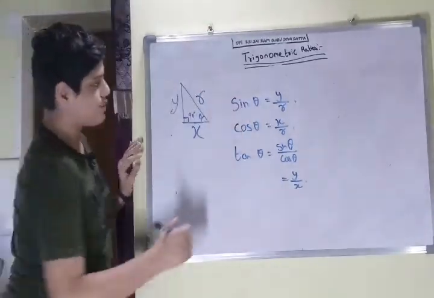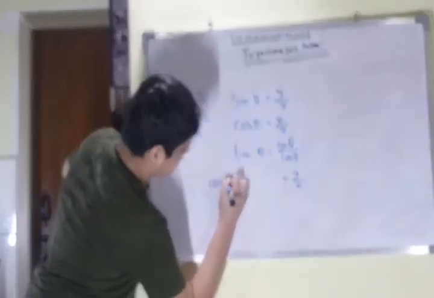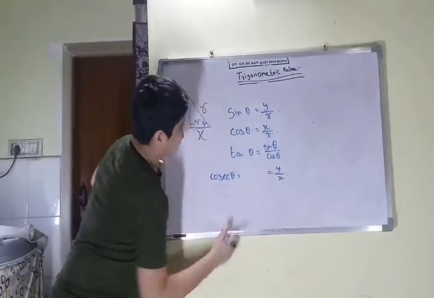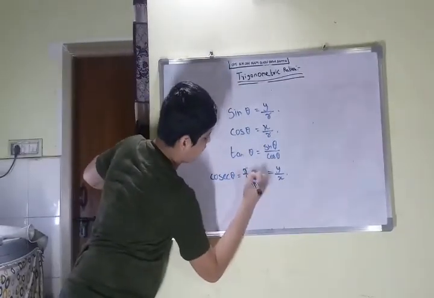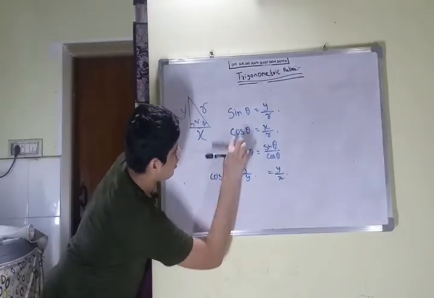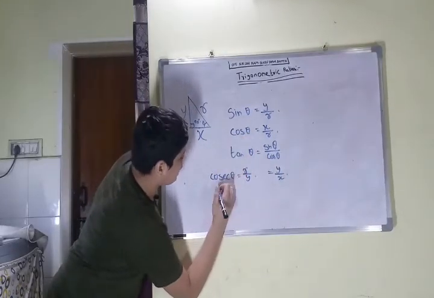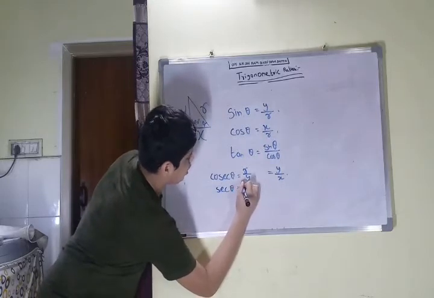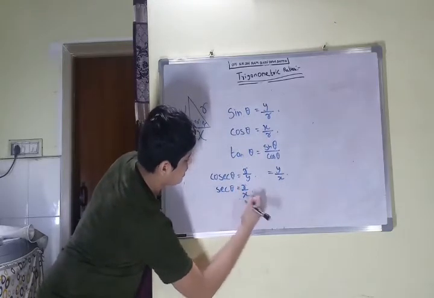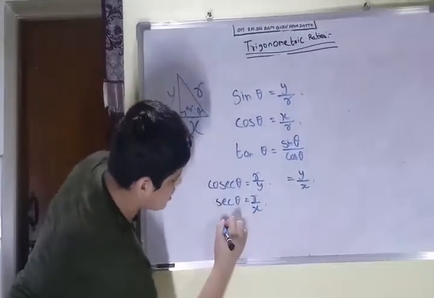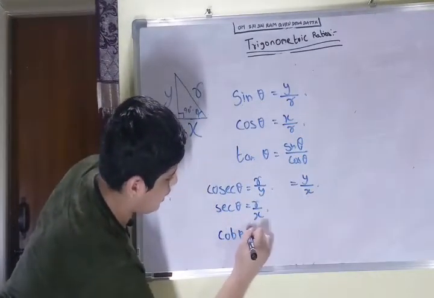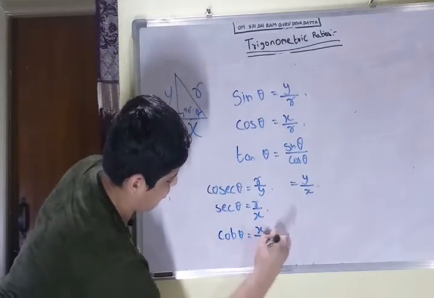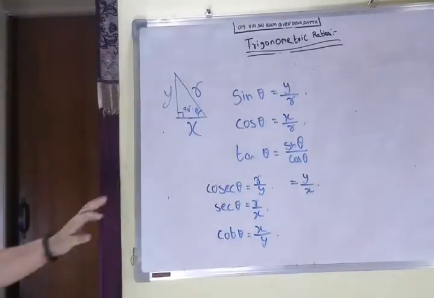The reciprocal of sin theta is cosecant theta, and cosecant theta is equal to R by Y. The reciprocal of cos theta is secant theta, and secant theta is equal to R by X. The reciprocal of tan is cot, so cot theta is equal to X by Y. You need to remember this.